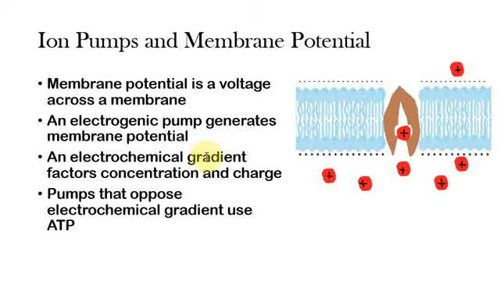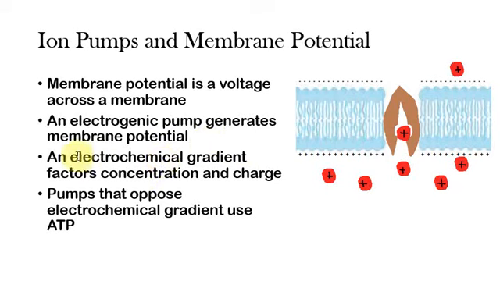Now that we've talked about this membrane potential and this separation of charges, we can bring up what's called the electrochemical gradient. Previously, whenever we talked about diffusion, we talked about a concentration gradient, which is essentially just a measure of where substances are more concentrated and less concentrated.